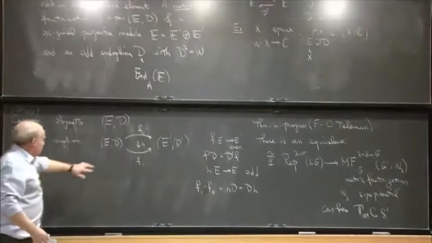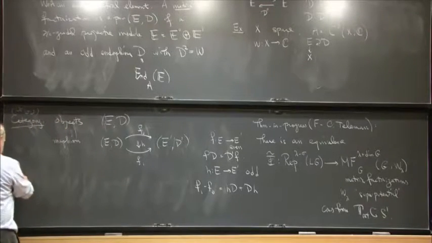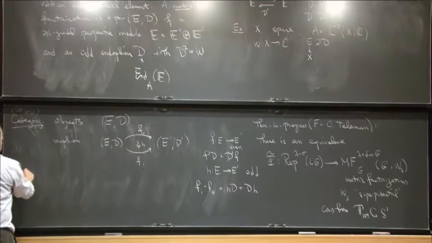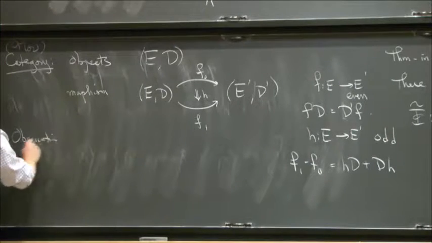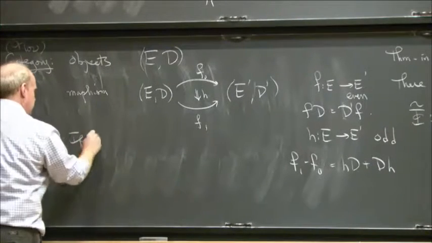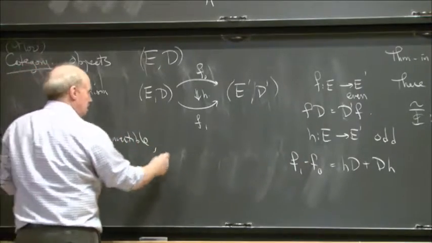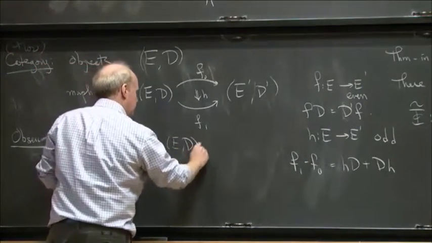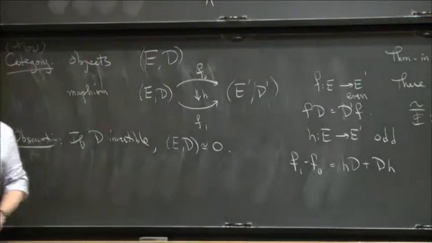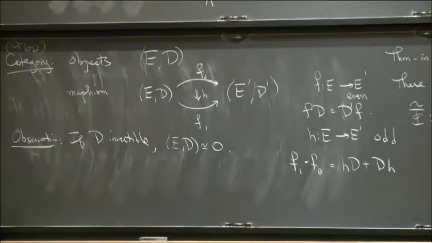So we want homotopy classes of these. And a simple exercise, observation, is that if D is invertible, then this pair is equivalent to 0. So what this is measuring is where this is not invertible.